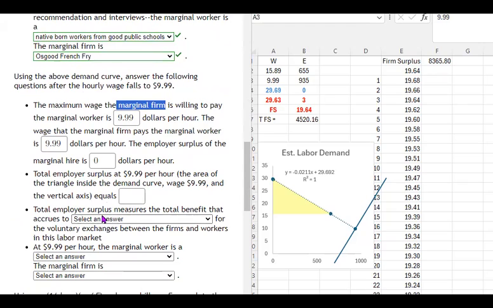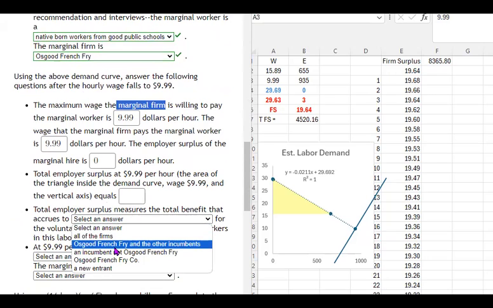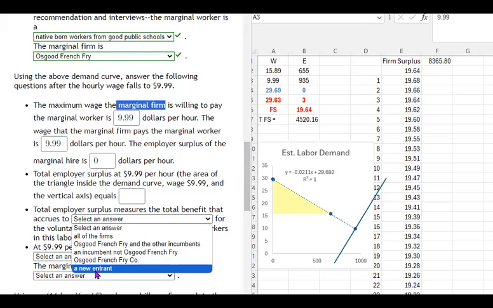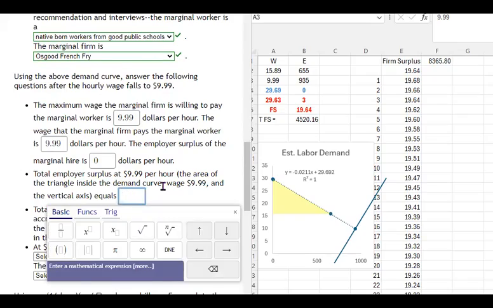Okay, so total surplus measures the total benefit that accrues to, now there's more than just Osgood French Fry and the other incumbents. The total employer surplus is not just the surplus to the new entrant, it's to all the firms in this labor market.